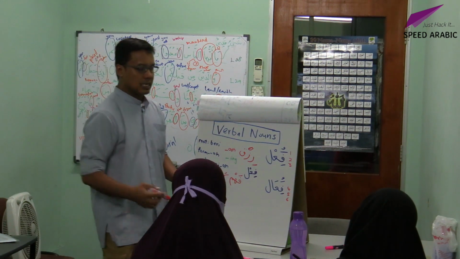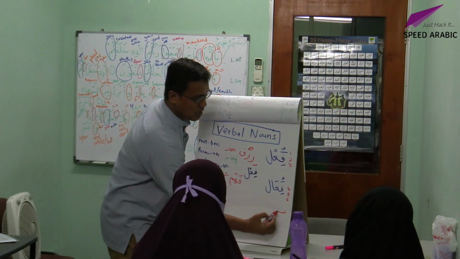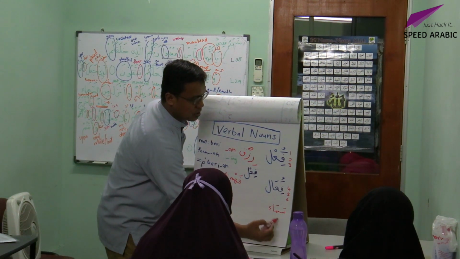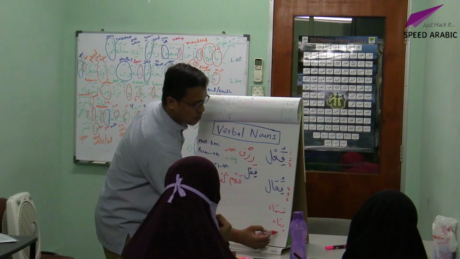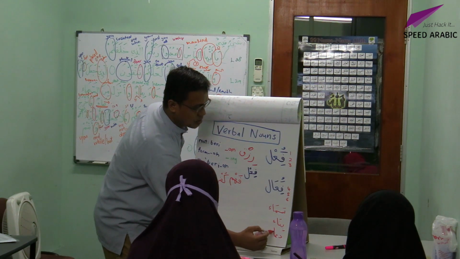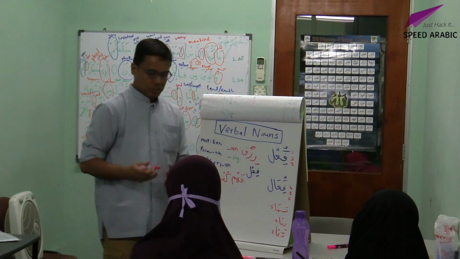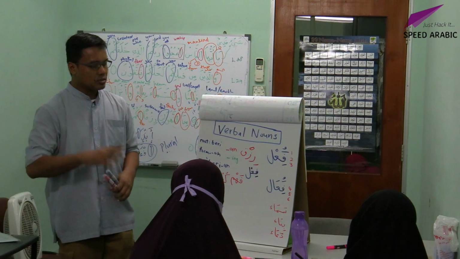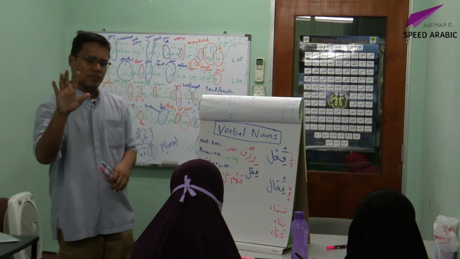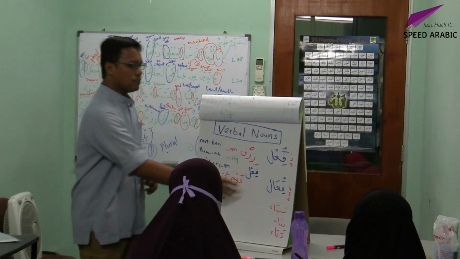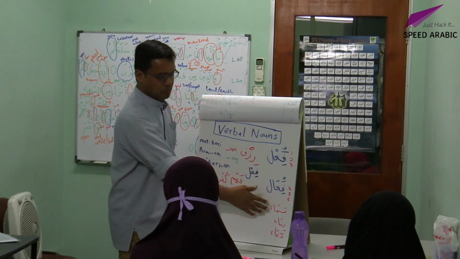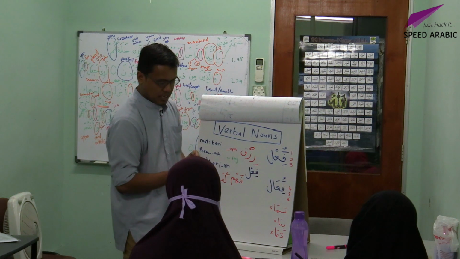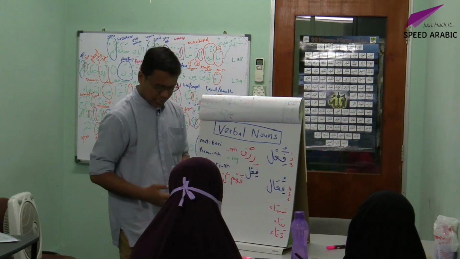Okay. The example would be sama, bina, and du'a. So when you see sama, bina, and du'a, you know that, oh, the form is fa'al, fu'al, and fi'al. Fa'al, fu'al, and fi'al is verbal noun. So usually the meaning would be the root plus an or plus ing.